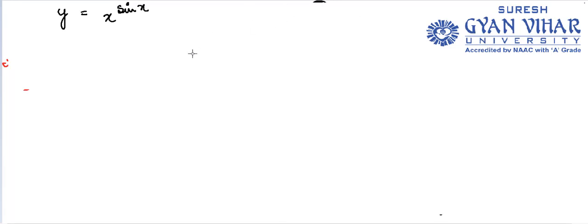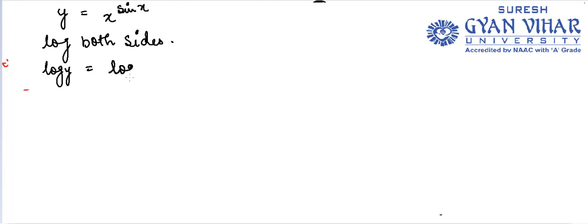For this question, what we are going to do is take log on both sides of y. We can write it as log of y is equal to log of x to the power sin x.